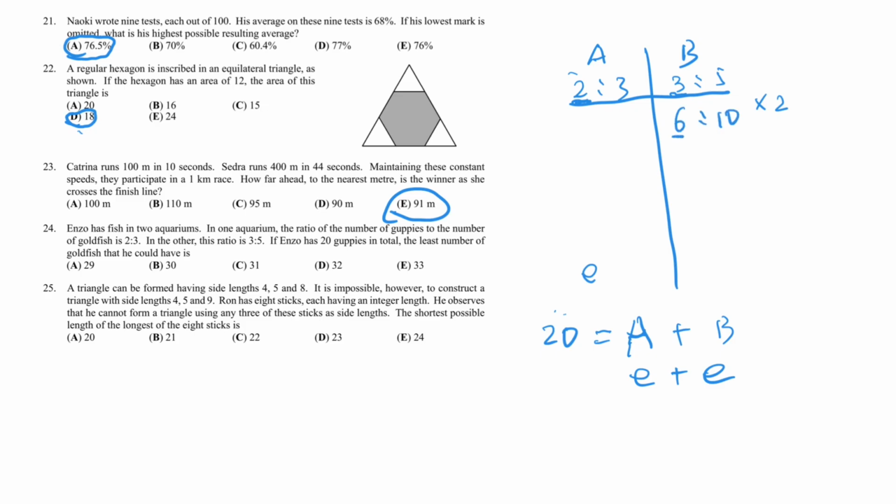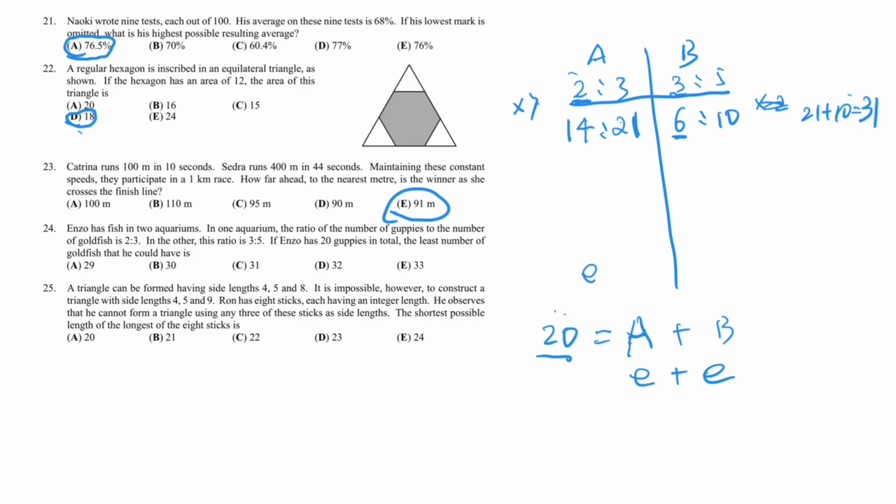Because the guppy sum is 20, in the A aquarium the guppies must be 14. 14 is 2 times 7, so 3 times 7 is 21. So the total goldfish is 21 plus 10. That's 31.